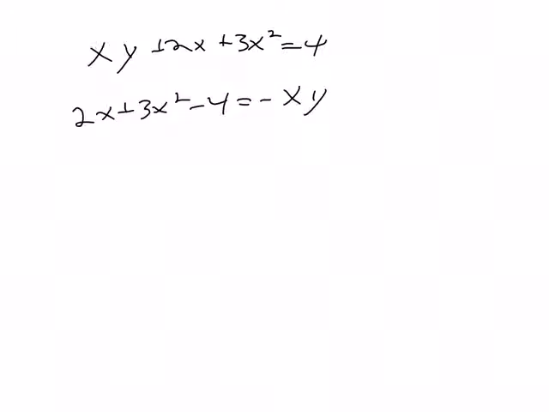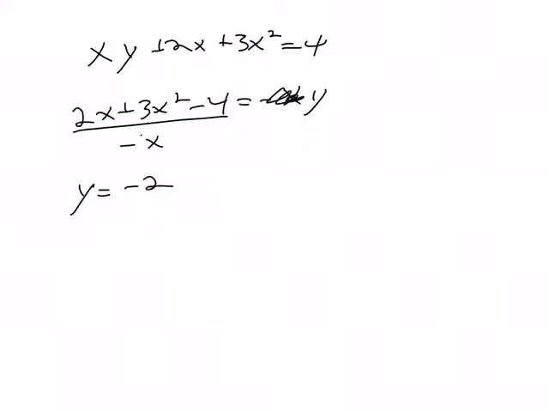So again, we have xy plus 2x plus 3x squared is equal to 4. So solving for y, we get 2x plus 3x squared minus 4 is equal to negative xy. So we can move the negative x over here. So now we get y is equal to negative 2, right?